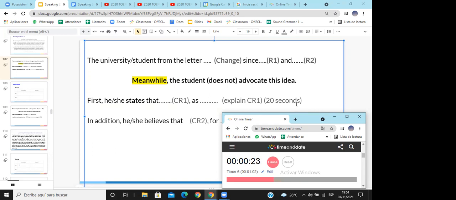And in addition, he believes that people wouldn't like that because it's going to be like the buildings and people prefer the nature for being relaxing. And that's it.